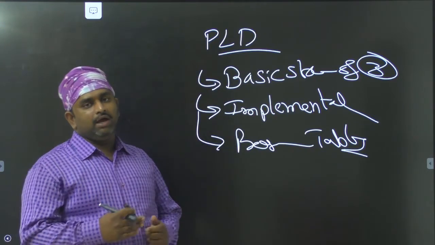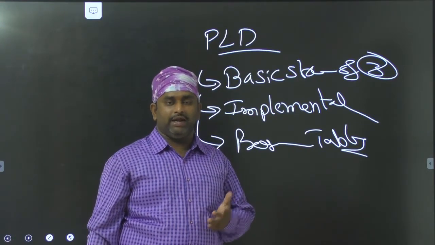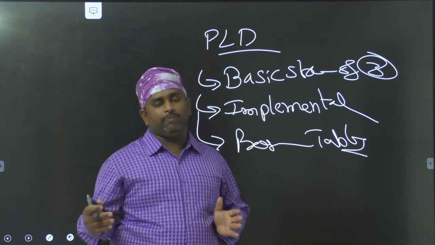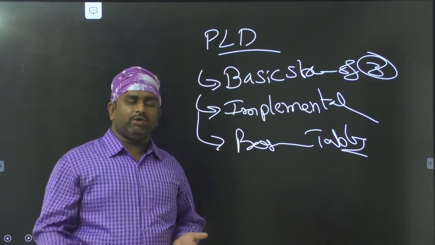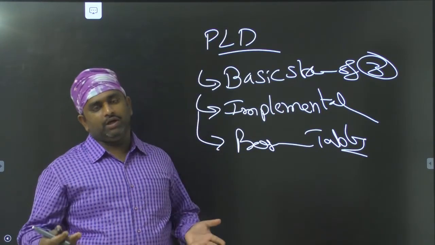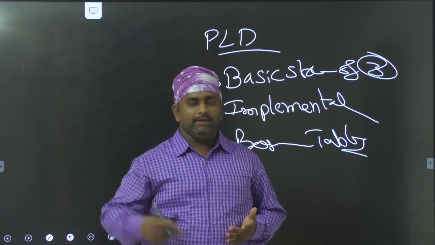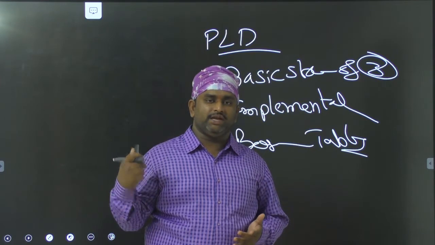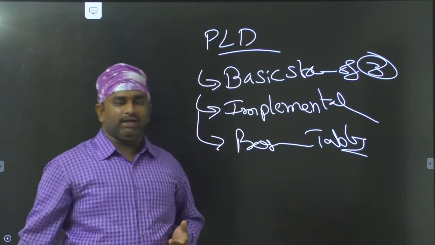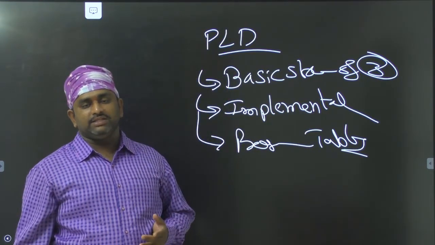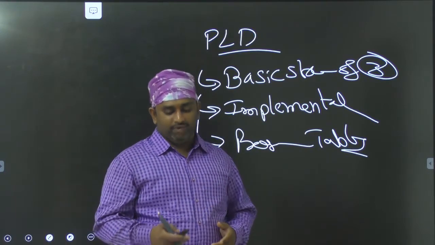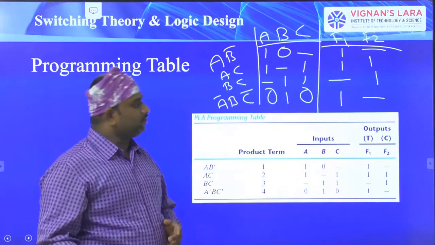Why? Because on the PLA side, both for the inputs and for the outputs we give the specifications of the functionality, but on the PROM or PAL side we can give only one side, as the flexibility is limited. Why? Because the other side we are fixing the values. So this is about the structures.